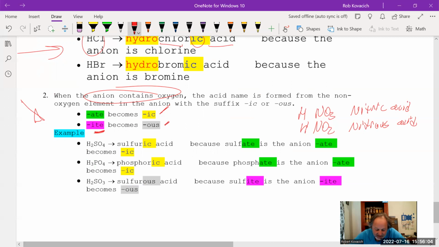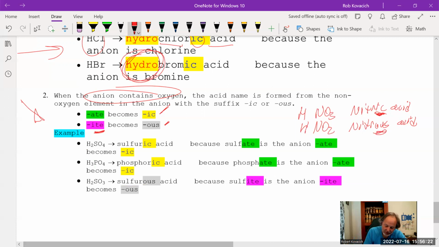What is missing from this? Hydro. I don't use the hydro prefix because there are oxygens present. So again, this one got to be called ic acid because it came from nitrate. And this one became ous acid because this came from nitrite.